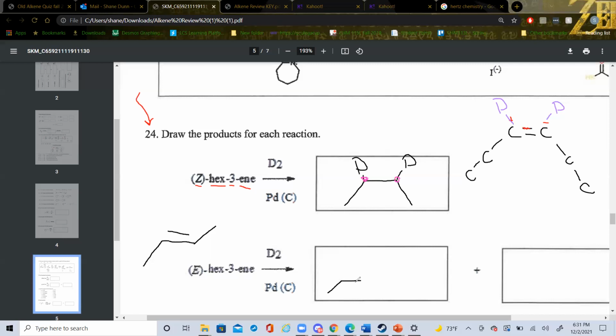I'll just draw it my way: 1, 2, 3, 4, 5, 6. And since it is trans, and it's not symmetrical, you're going to get a racemic mixture, which means you're going to get it like this.